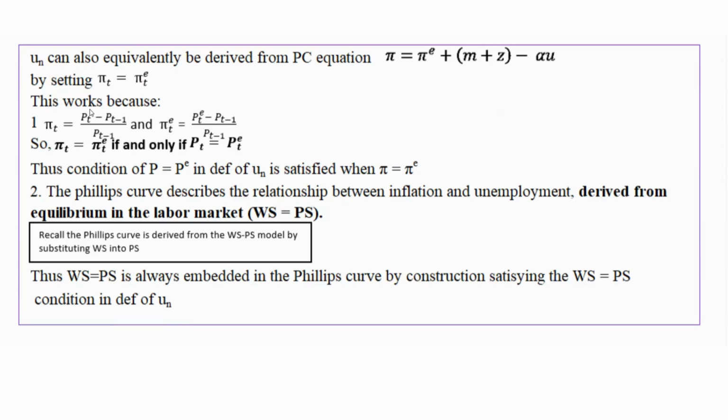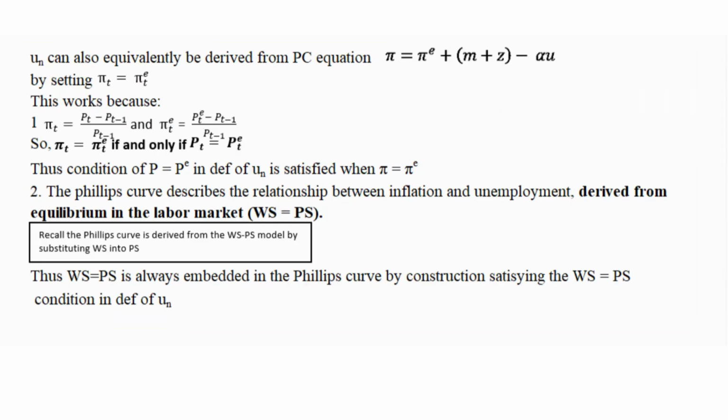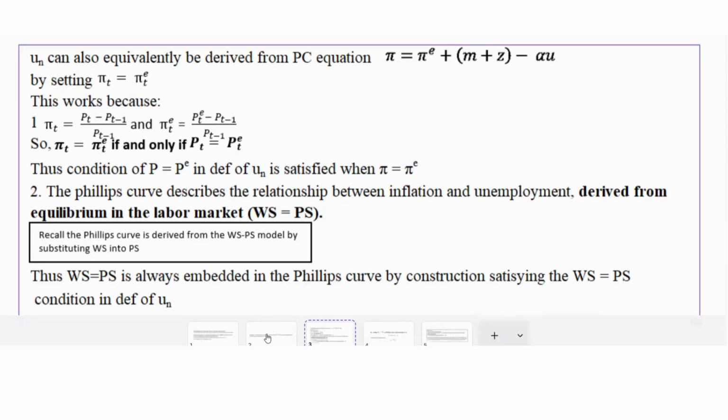Now from here we can see that pi t is equal to pi^e t if and only if P t is equal to P^e t. Thus, the condition of P is equal to PE is satisfied in the definition of UN when pi is equal to pi^e, right? We said there are two conditions for UN.